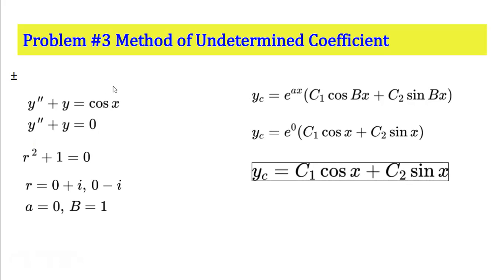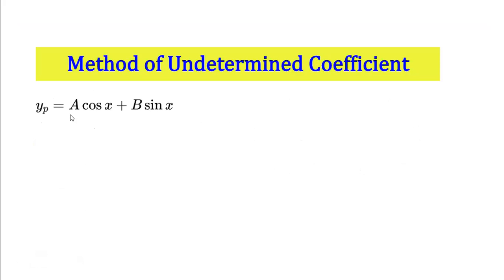We can now guess our particular solution for this non-homogeneous differential equation. Since we are given a cos, we can guess our particular solution to be a cos x + b sin x. But we can see that this particular solution also resembles our complementary solution.